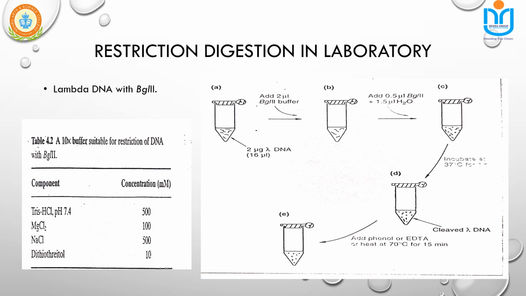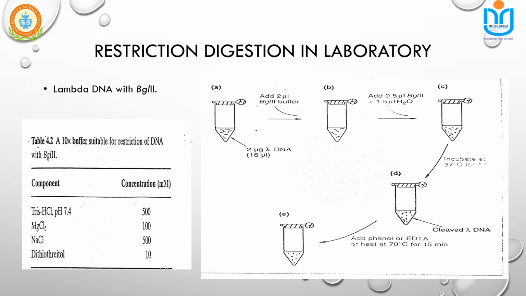The restriction endonuclease can now be added. By convention, 1 unit of enzyme is defined as the quantity needed to cut 1 microgram of DNA in 1 hour. So we need 2 units of BglII to cut 2 microgram of lambda DNA.